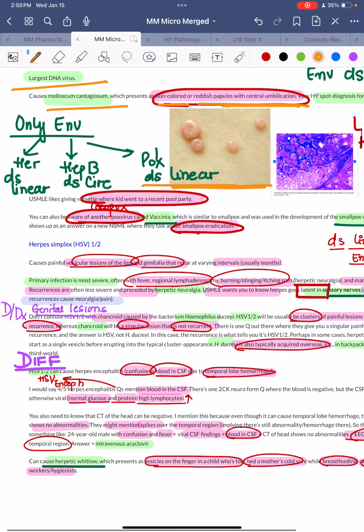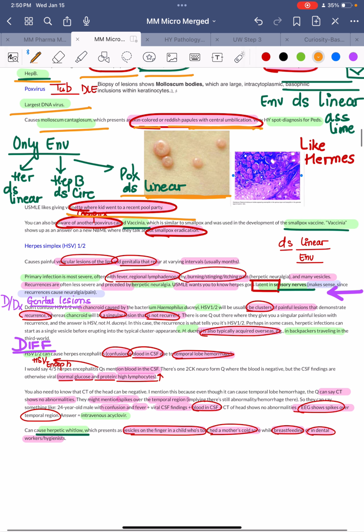And they can ask you, what can be present in the history? This child has developed this infection, so the history can be that the child recently went to a pool party, and from the pool party, by skin contact or water contact, the child developed this disease, right? And then this is one pox virus, and there is another pox virus known as vaccinia, which is similar to smallpox, and that was used in the development of the smallpox vaccine, right?